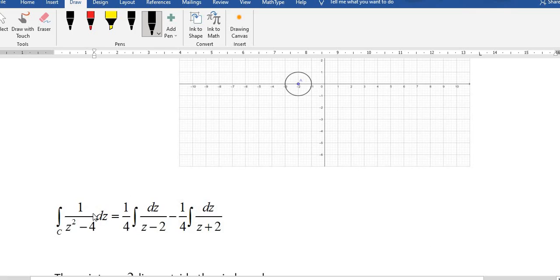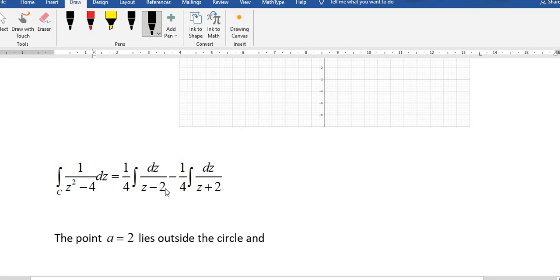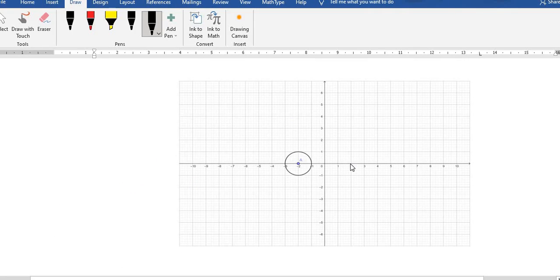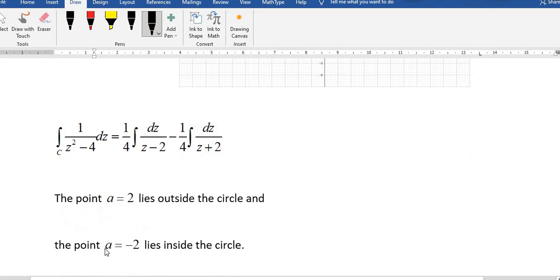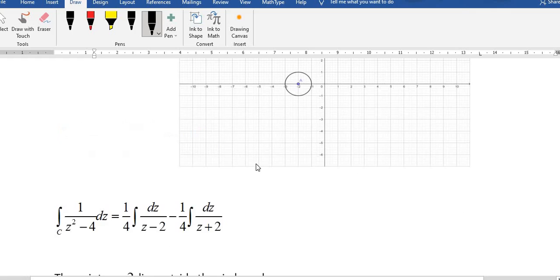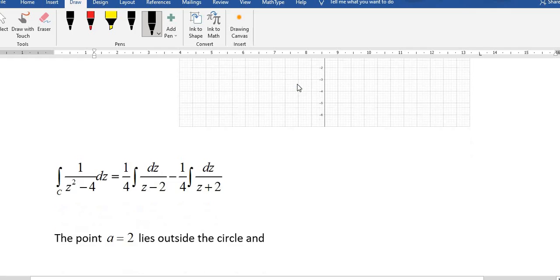This is what we already got after finding the A and B values. Now a equal to 2: by observing this figure, we can easily say that a equal to 2 lies outside the contour. a equal to minus 2 lies inside the contour, because that is the center of the contour.